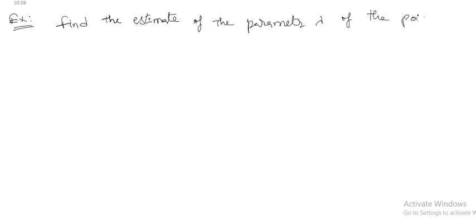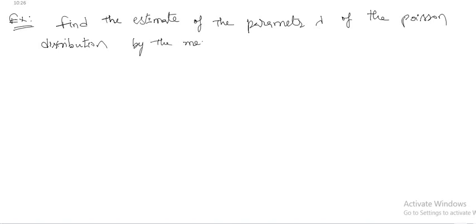Example. Find the estimate of the parameter lambda of the Poisson distribution by the method of moments.